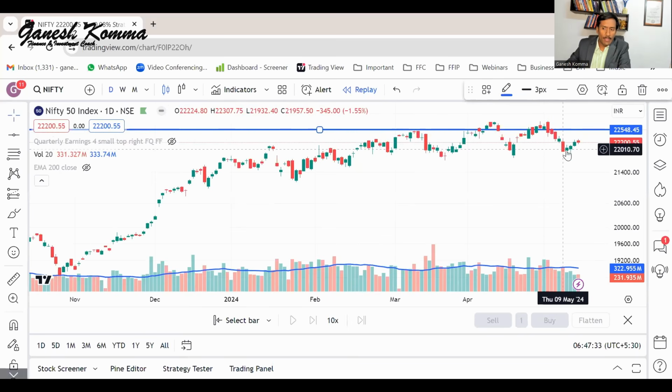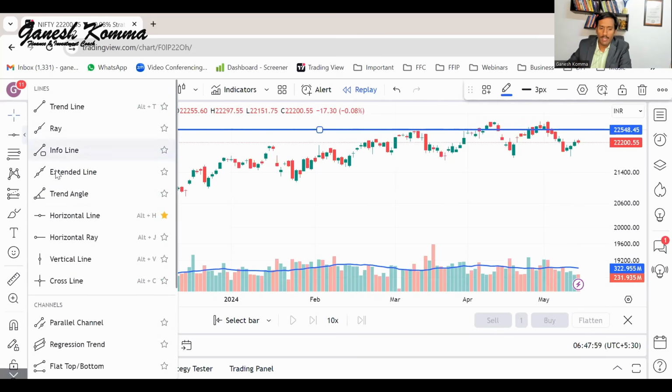We are now at around 22,200. If Nifty 50 is able to breach 22,500 levels, it will be a clear bull market, right? So this zone, 22,500, is the resistance zone.